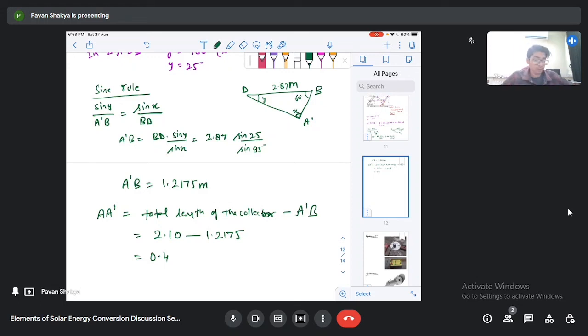Let me solve this, I haven't calculated. 2.1 minus 1.2175. So this value comes out to be 0.8825 meter.